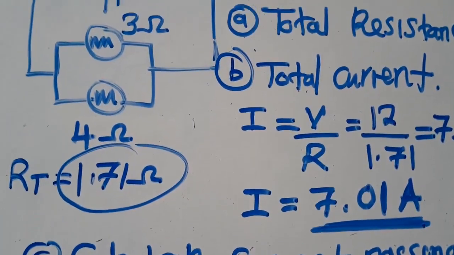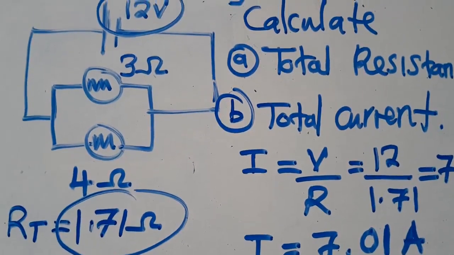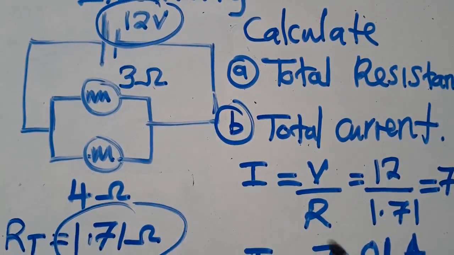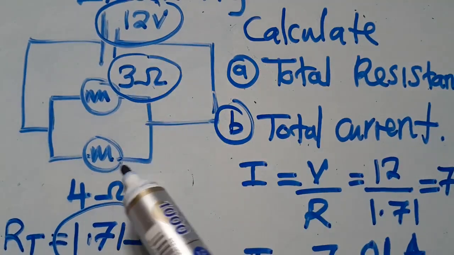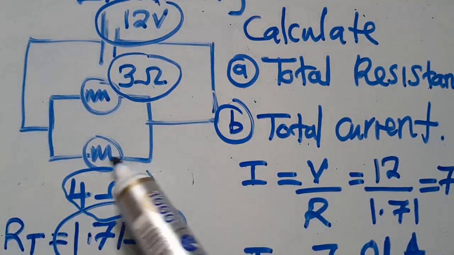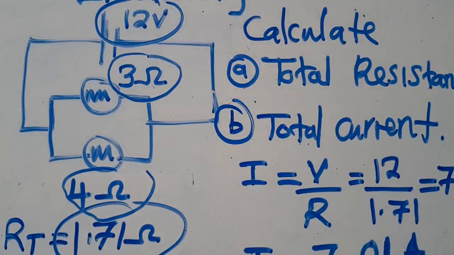You need to know the relationship between voltage and current whenever you are talking about circuit diagrams. The voltage that is there is the same voltage that is also passing through here. This is what you need to know and understand: voltage in parallel is the same, but current is different. It depends on how the question is, but these are some of the key points that you need to understand.